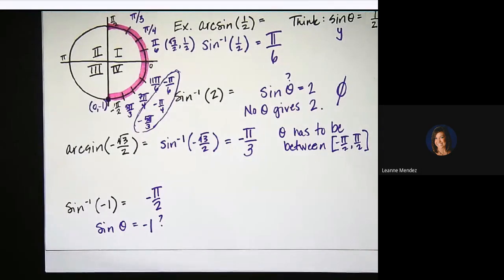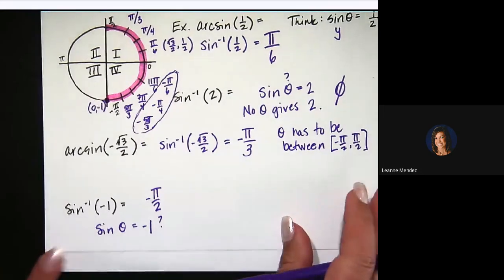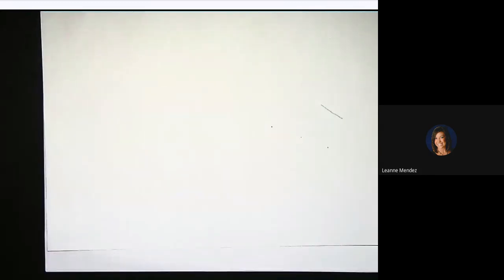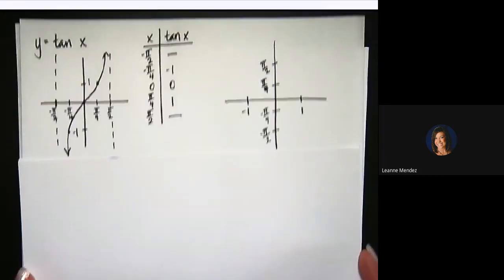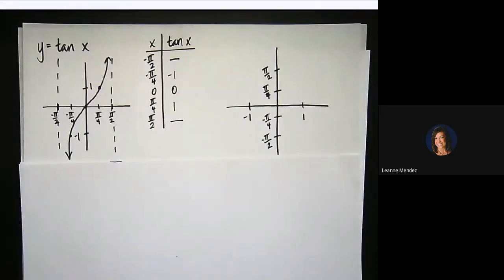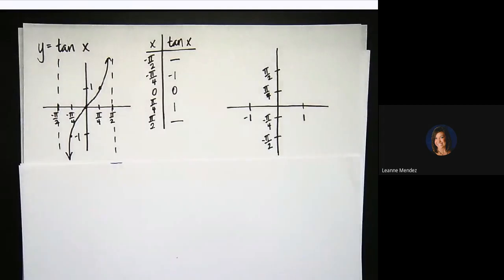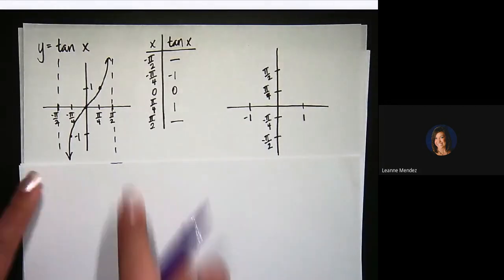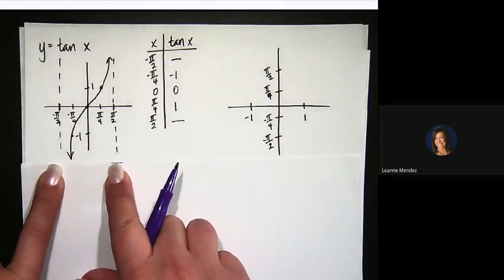The last inverse that we're going to look at is tangent. In the same way, I have graphed already what tangent should look like. Here is one period of tangent, and the t-chart to go with it. Tangent, unlike sine and cosine, has asymptotes.